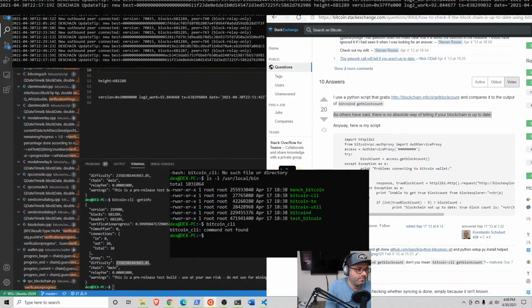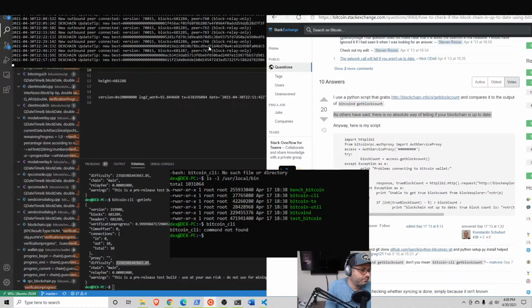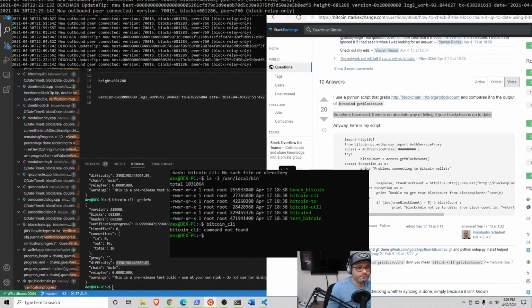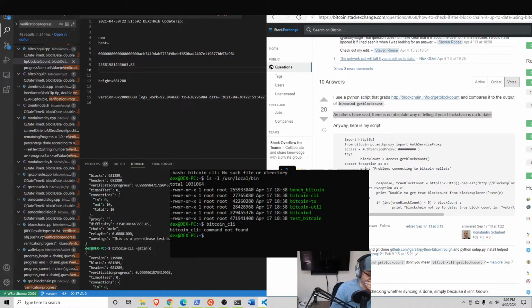Some peer of yours decided that we got a new block, 89. We're not sure who relayed first. Progress is 1.0. I don't know why verification progress is always less than 1, but there's already a new block.